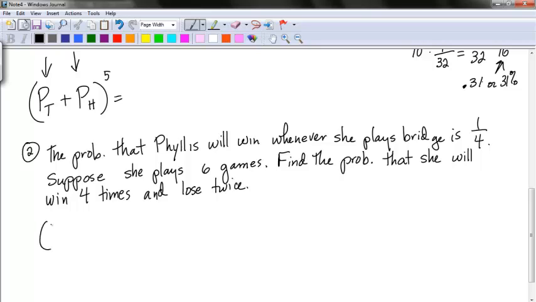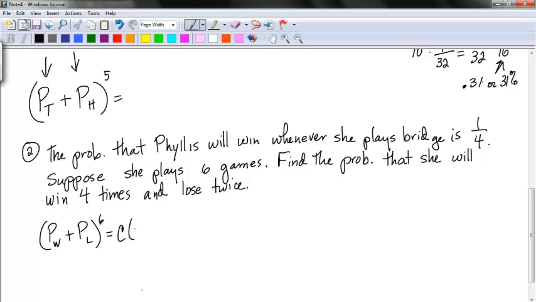Okay, so you're still going to set it up now. You got to decide which way you want to go. You want the probability she wins 4 times, lose twice. I'm going to do probability she wins plus the probability she loses. She's playing 6 games.